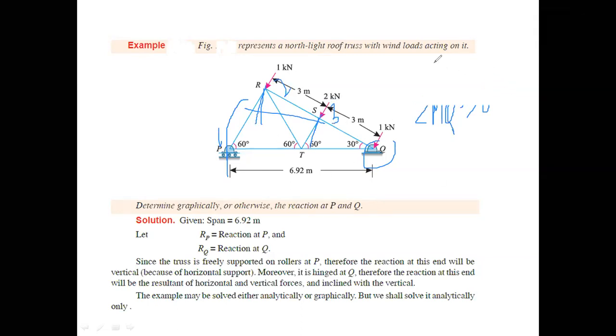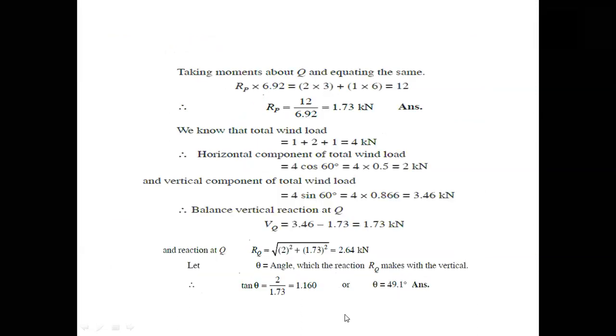So reaction at P into 6.92 is equal to 2 into 3 plus 1 into 6, which is 12. Reaction at P is 12 by 6.92, which is 1.73 kilonewton.